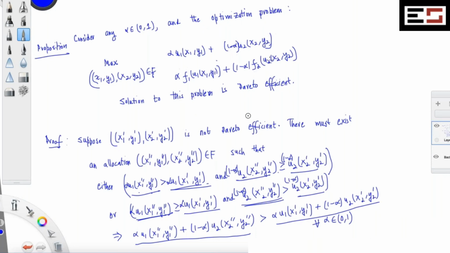Okay, so basically this is true for every strictly increasing function f1 and every strictly increasing function f2. So there is a lot of scope to establish whether a particular allocation is Pareto efficient, by thinking about different f1s and f2s. It is also possible that your utilities are of the type that even the simple weighted sum is sufficient. This might just give you all the efficient allocations, and there is no need for f1 and f2.